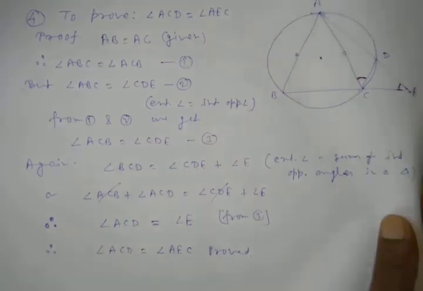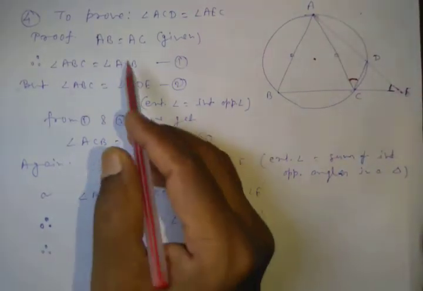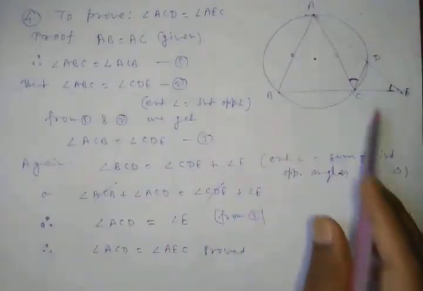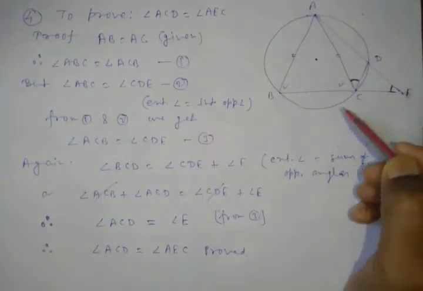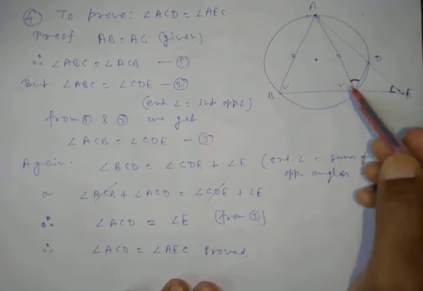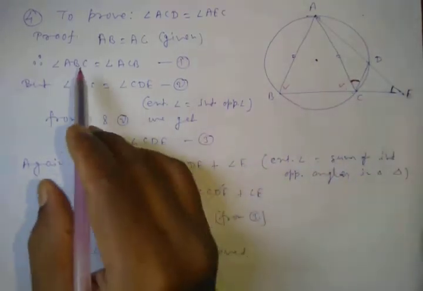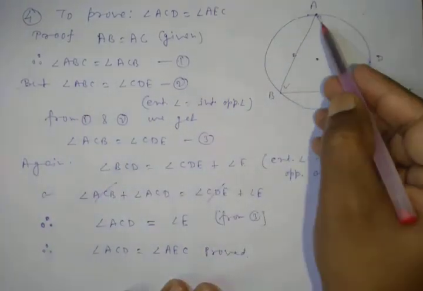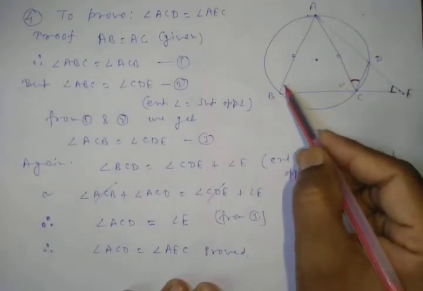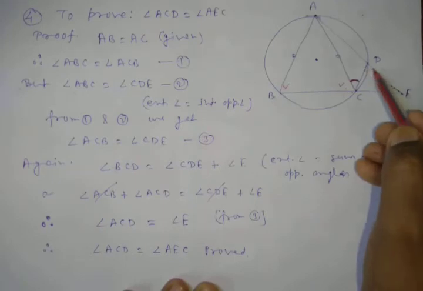or angle E. So we'll start with this: first AB equals AC, given here. Then we have this angle equal to this angle, because the angles opposite equal sides are equal. So ABC equals ACB, but ABC equals CDE also. Why?